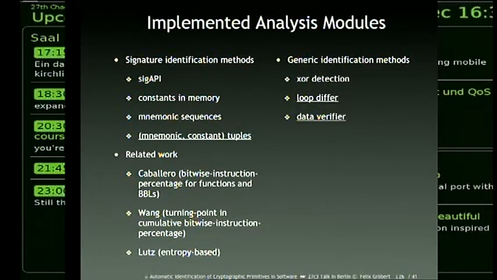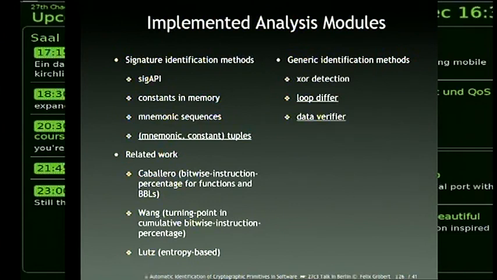So I implemented several identification methods. The most naive identification method uses signatures on debug symbols of common APIs. Then I used several constants, which were also used by the reverse engineering tools, and tried to find the constants in memory.